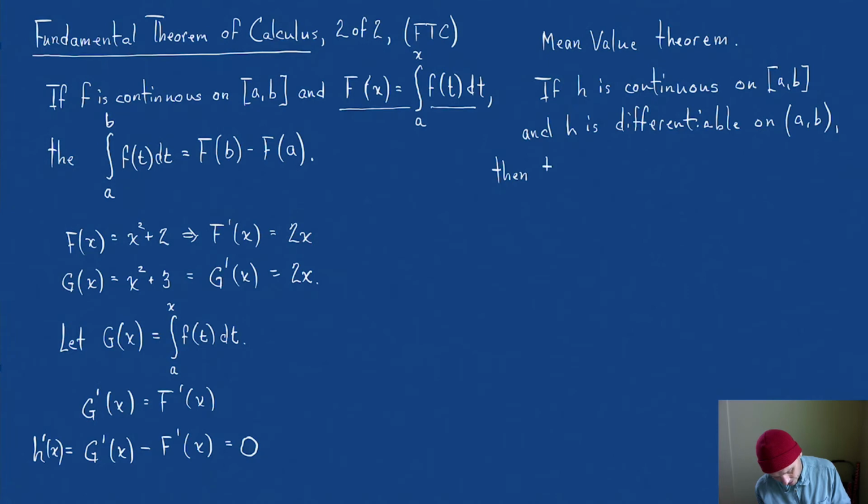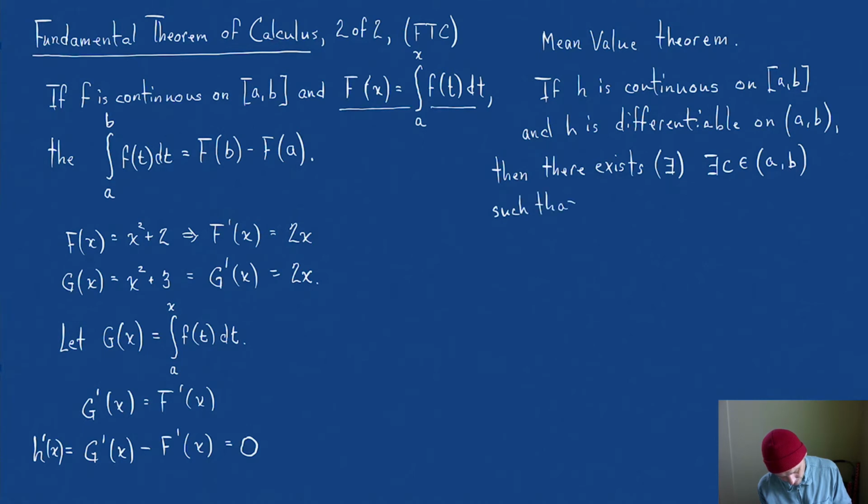there exists, and there's a symbol that's often used for that, this backwards capital block E, there exists. So let's use it now. There exists some c in our interval from a to b such that you can approximate it.